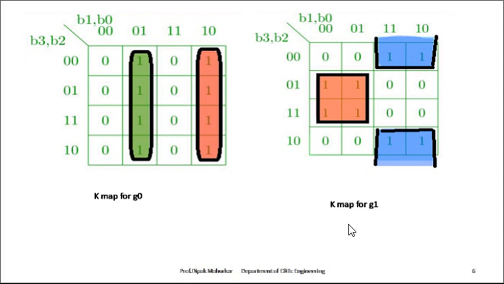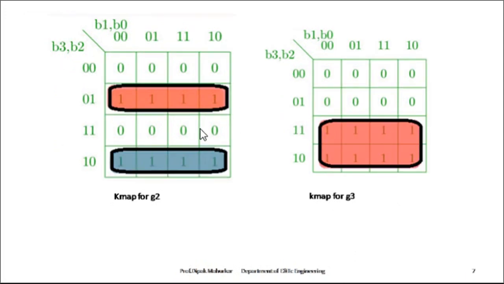Similarly, we can draw the K-map for G1. By referring to the truth table, we mark the respective ones. One quad will be formed. This top cell is adjacent to the bottom cell. These are another pair, and we have to write the equivalent there. G2 again has one quad and another quad.